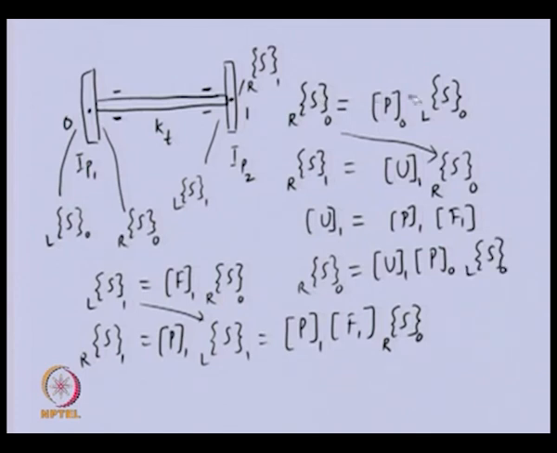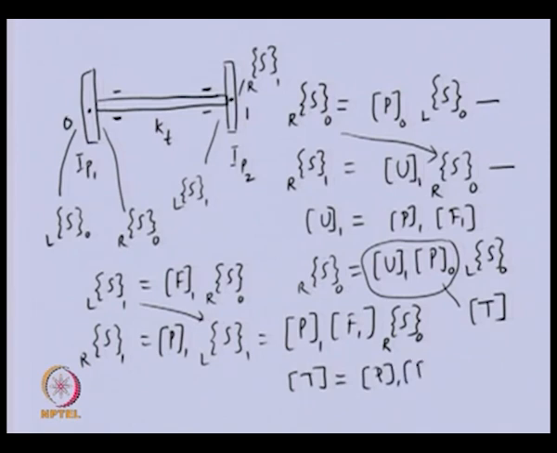Basically, the first equation we substituted in the second equation here, so we got this particular thing. You can see that this matrix, which is a multiplication of 3 matrices, we call the overall transfer matrix, and the form of the T matrix is that U is P1 F1 and P naught.